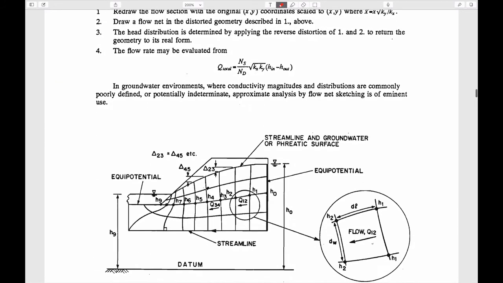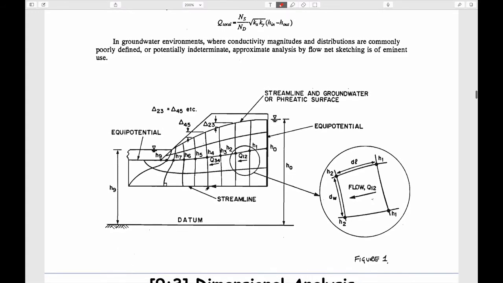Basically says that if you can draw a flow net where the angles between the stream tubes and the equipotentials are all 90 degrees, and that it honors the boundary conditions of a specific magnitude of head, which is equal to pressure head plus elevation head, and does not include the velocity head, because this is usually so negligible it doesn't matter.